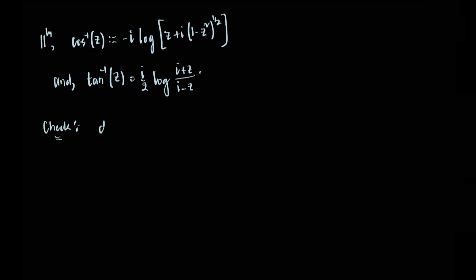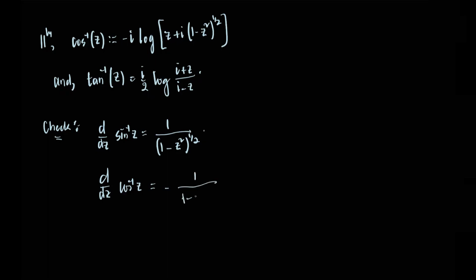If you take the derivative of sine inverse of z, where you are just looking at one of the branches, it is 1 by (1 minus z square) whole power half. And if you take cosine inverse z, the derivative of it is minus 1 by (1 minus z square) whole power half.